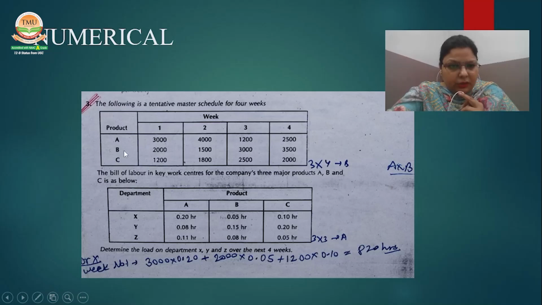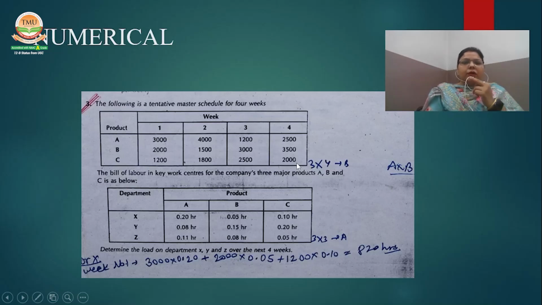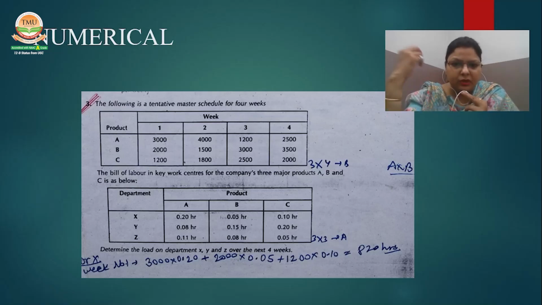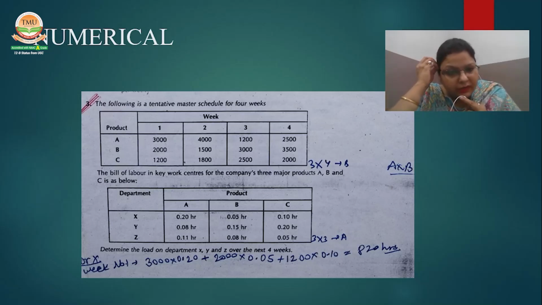Same for product C, in the first week 1200 units, in the second week 1800 units, in the third week 2500 units, and in the fourth week 2000 units. Now the bill of labor is key work centers for the company's 3 major products A, B, and C. Basically we will check how much time will be taken for production of these A, B, C products.